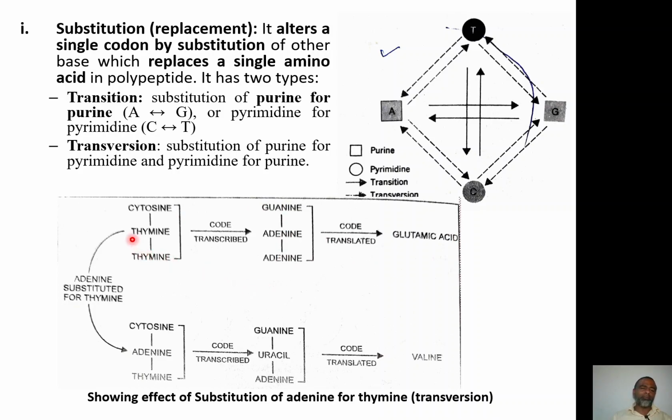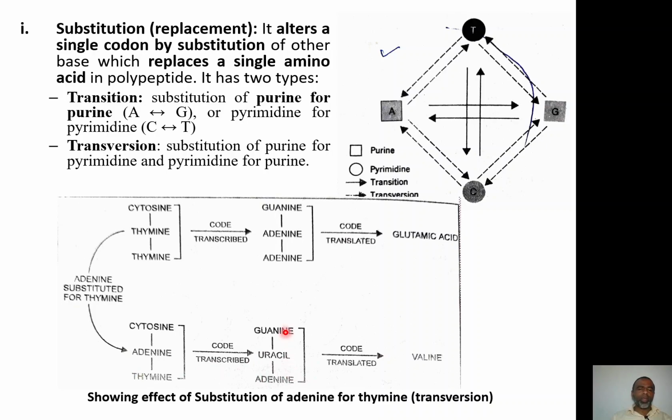Say for example, only one base is changed because of the substitution. What will happen? Say, instead of thymine, adenine is added over there. Because cytosine will have the guanine at its opposite end, because you know the pairing is between cytosine and guanine, thymine and adenine, and in case of messenger RNA, you do not have thymine, you have uracil instead. So, adenine will incorporate uracil in the messenger RNA, and thymine will incorporate during transcription adenine in the messenger RNA.